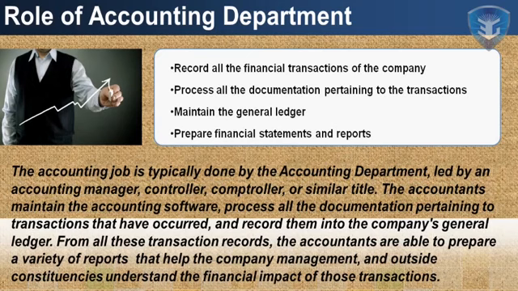The accountants maintain the accounting software, process all the documentation pertaining to transactions that have occurred, and record them into the company's general ledger. From all these transaction records, the accountants are able to prepare a variety of reports.